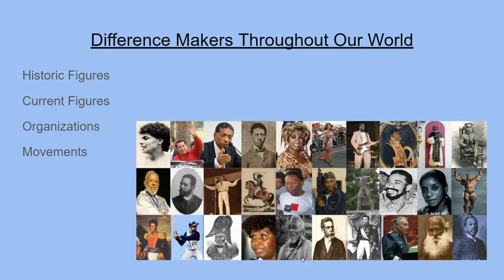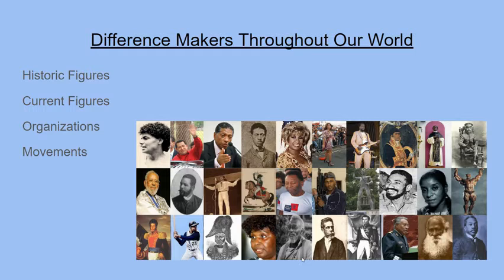Difference makers throughout our world can be historical figures. You can go back in time. They can be current figures, people who are living today. They can be organizations. What organizations might you know of that have been difference makers? They can be movements.